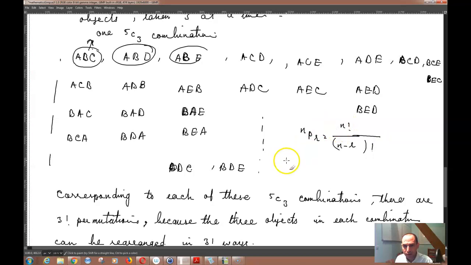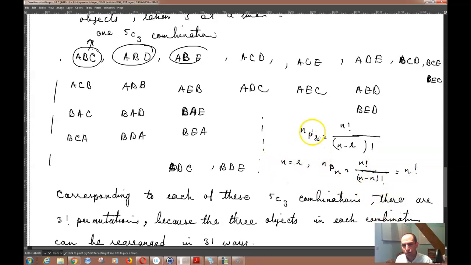Now, if n is equal to R, then n permutation n is n factorial over n minus n factorial, and n minus n is 0, so 0 factorial is 1. So this is equal to n factorial.